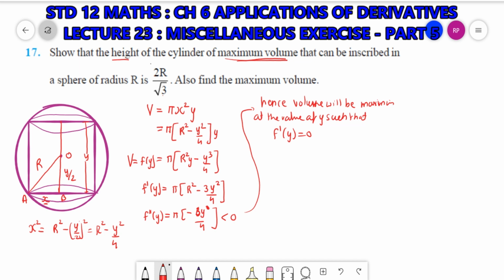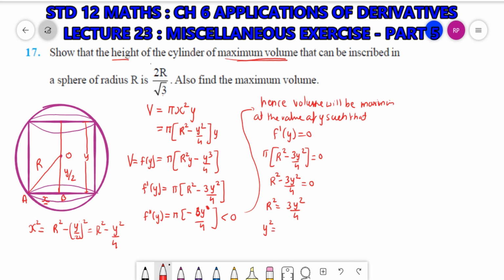So f dash y is 0, that means pi r square minus 3y square by 4 will be equal to 0. So pi goes on the other side. r square minus 3y square by 4 equal to 0. So r square equal to 3y square by 4.